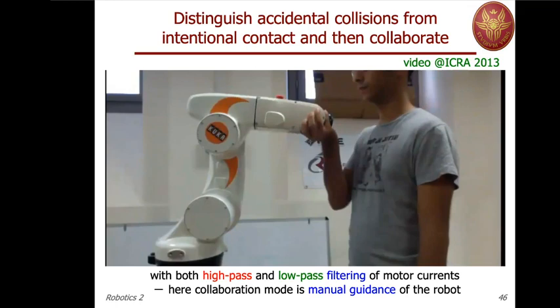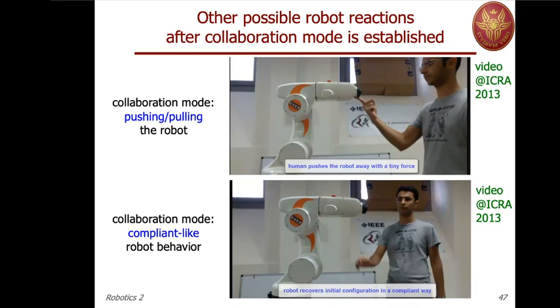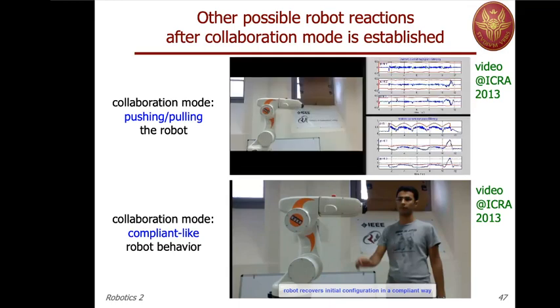And there are more ways in which you can achieve collaboration once you have detected an intentional contact. For instance, in this first of the two videos in this slide, there will not really be a manual guidance, but just a reaction to a small force. We will command a large velocity reaction and then stop. So this is pushing and pulling the robot in this way.